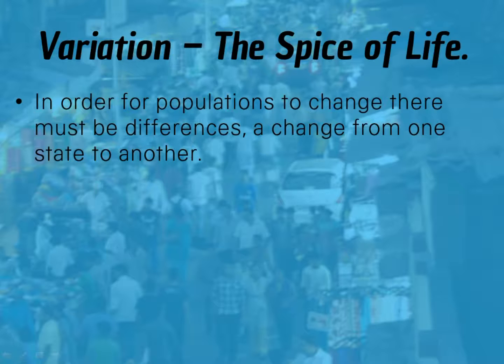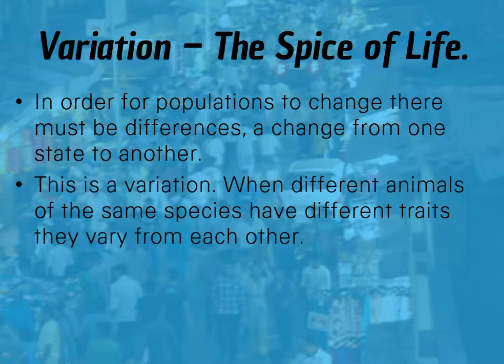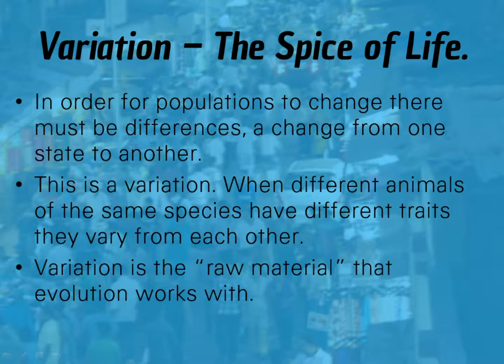So this means that variation is, quite literally, the spice of life. In order for populations to change, there must be variations between individuals, and there must be new traits coming up by mutation. So this is genetic variation. Different organisms of the same species have different traits and vary from each other.